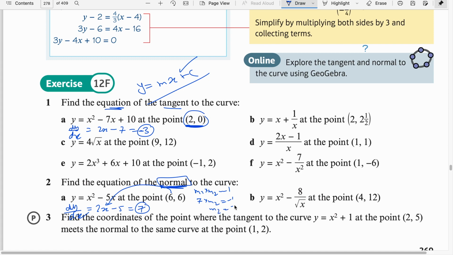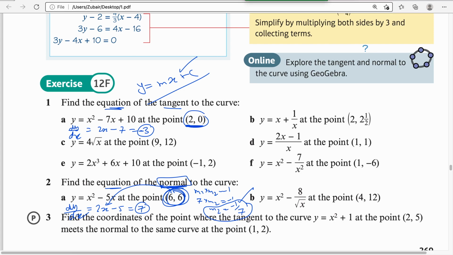So m2 is minus 1 by 7. So no issue. We have the gradient of the normal. Find the equation of the normal. We have the gradient. We have the point. We have both of the things. y equals mx plus c. So this is how you will do it.